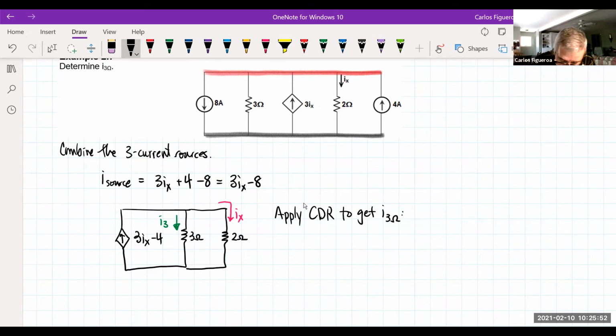I want the current of the I3 ohm. And this guy's going to be what? It's got to be the opposite resistor divided by the sum. So it's got to be 2 over 2 plus 3 times the current source. And in this case, the current source is going to be 3Ix minus 4.